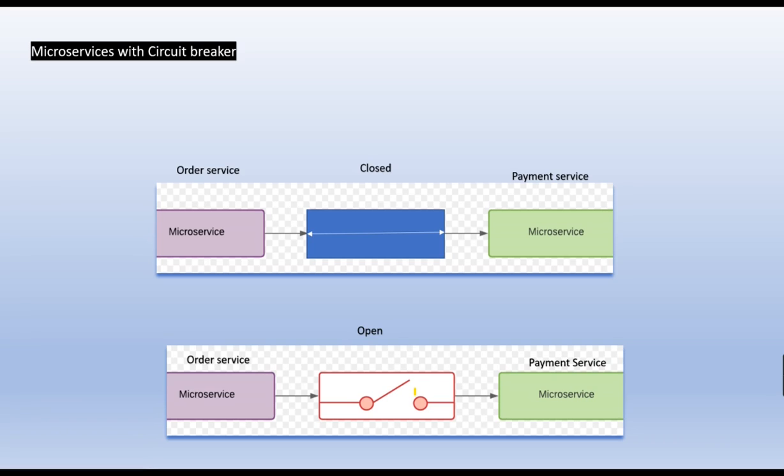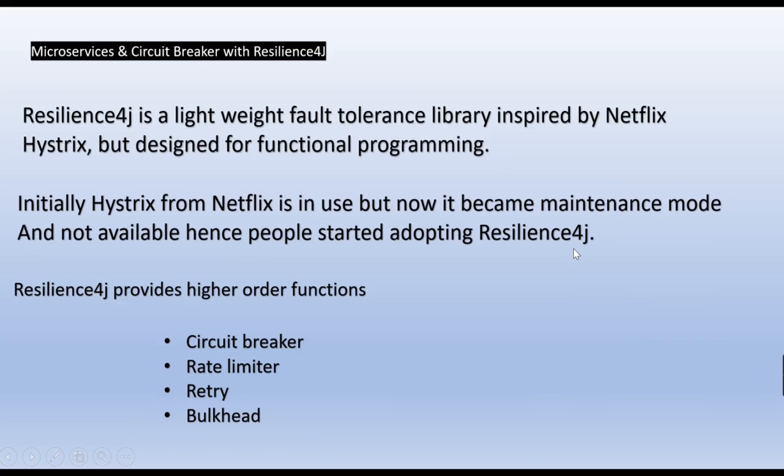Then what is Resilience4J? It is a lightweight fault tolerance library inspired by Netflix Hystrix, but designed for functional programming. In earlier days, we were using Hystrix. Netflix stopped support and it is in maintenance mode.